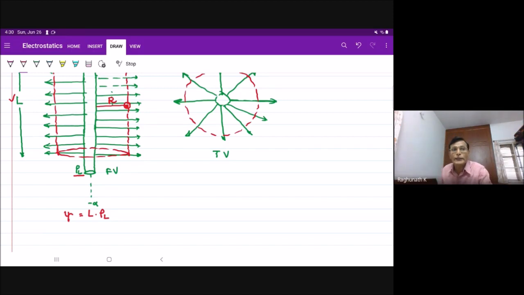Any problem in understanding this point? L rho L is the total flux which is normal to the surface because it is radial also.